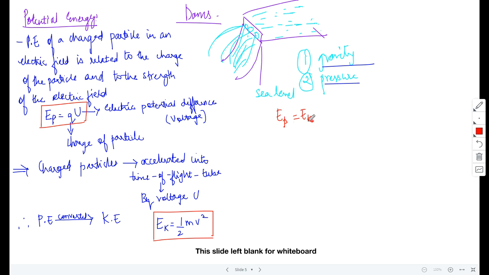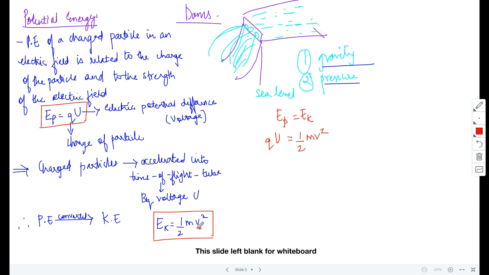When we write this, that means our equation should also be the same. That means qU will be equal to half mv squared. Now we are talking about the velocity.